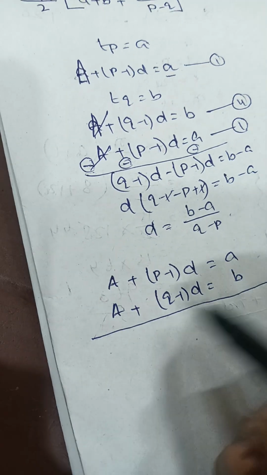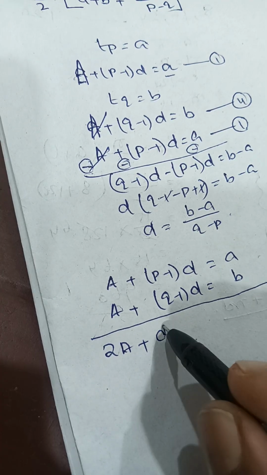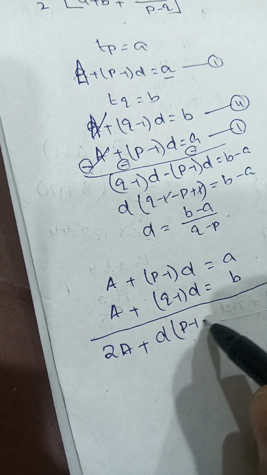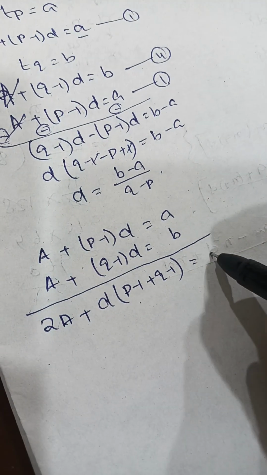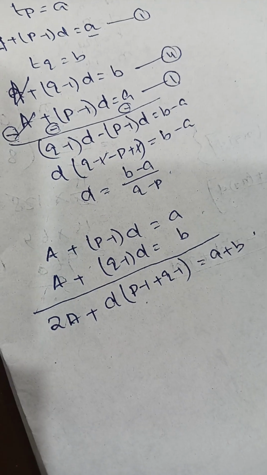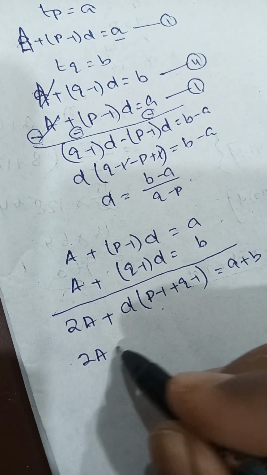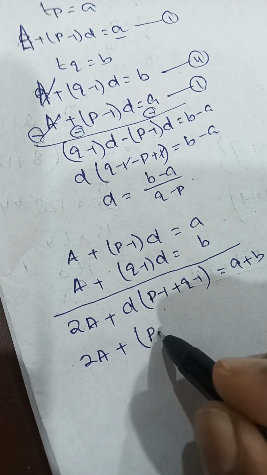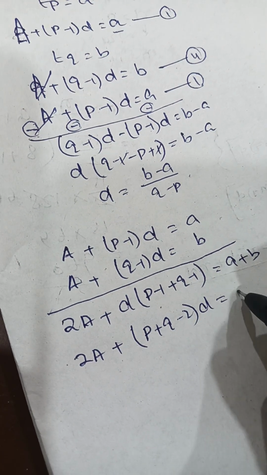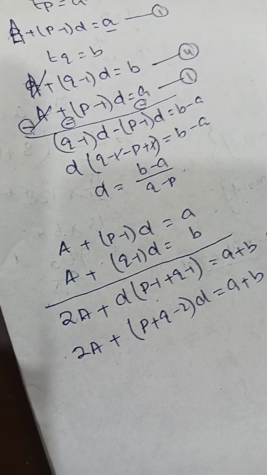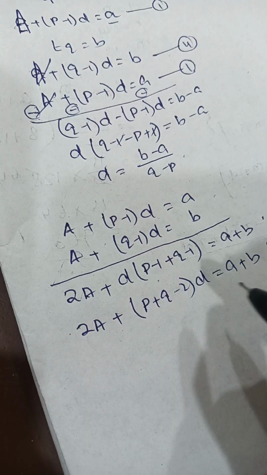Now if we take their sum, it will be twice A plus d into (p minus 1 plus q minus 1) is equal to a plus b. Next line, you write twice A plus (p plus q minus 2) into d is equal to a plus b.